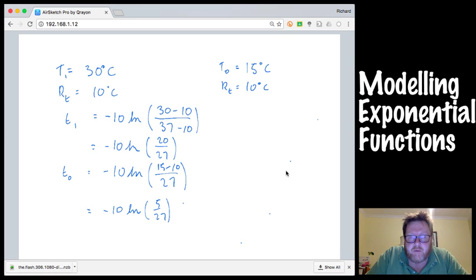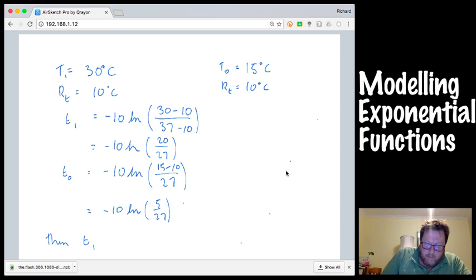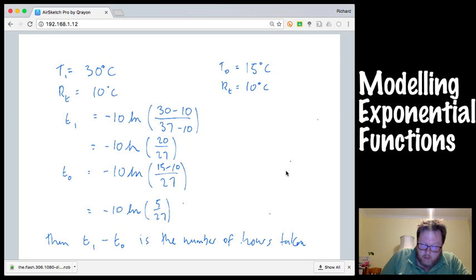Alrighty, so we were after how many hours it would take for it to drop. What I'm suggesting is we say T1 minus T0 is the number of hours taken for body temperature to drop.